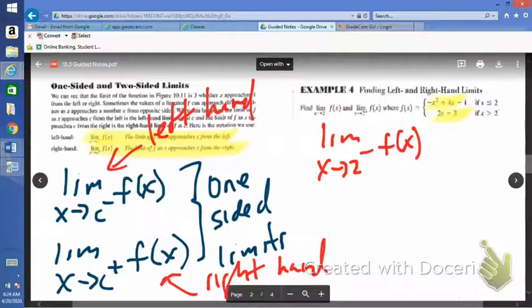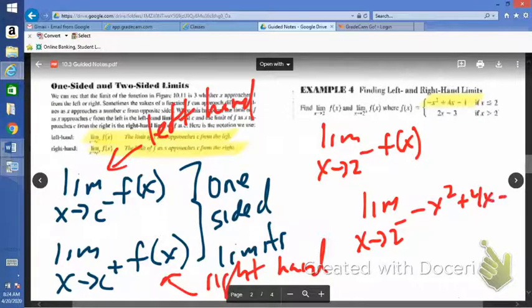Well, as x approaches 2 from the left, the x values are less than 2. So when x is less than 2, we're going to be using that function. Alright, so we're going to say the limit as x approaches 2 from the left, and f of x will be negative x squared plus 4x minus 1. And now what we can do is just substitute in.